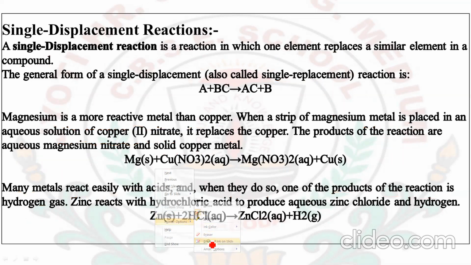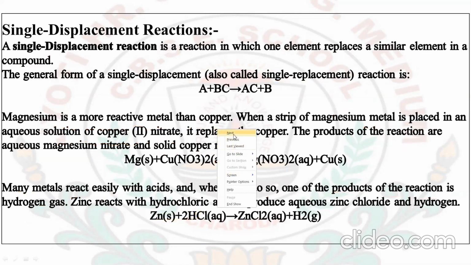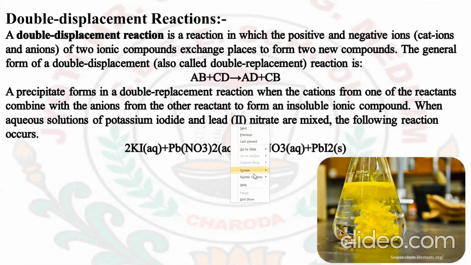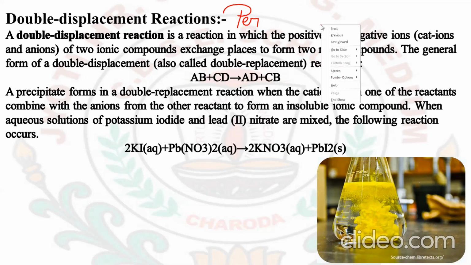Let's move further and see the next type of displacement reaction, which is the double displacement reaction. In other words, they are also called precipitation reactions.